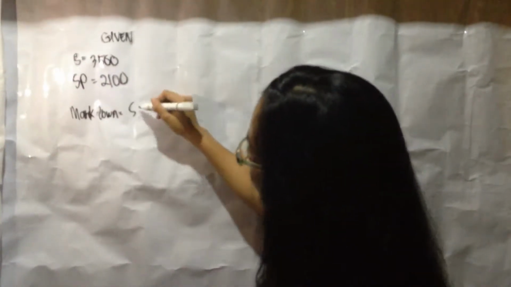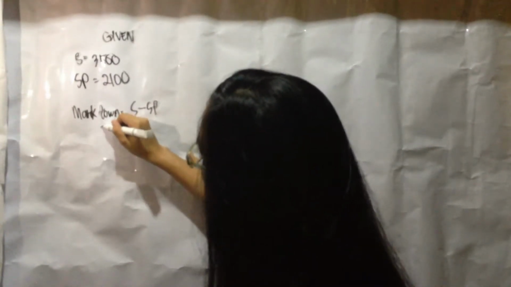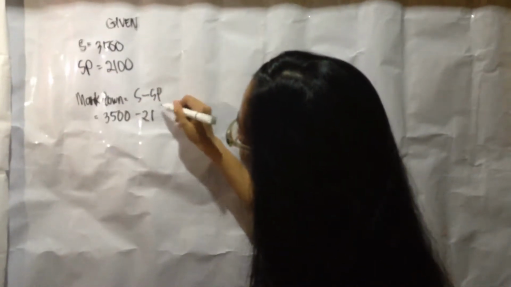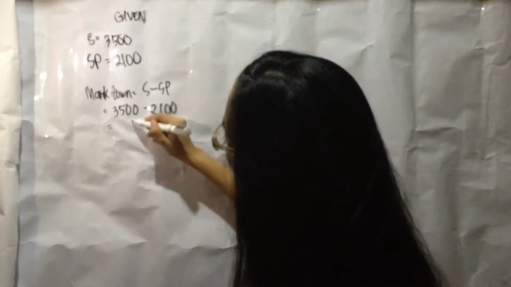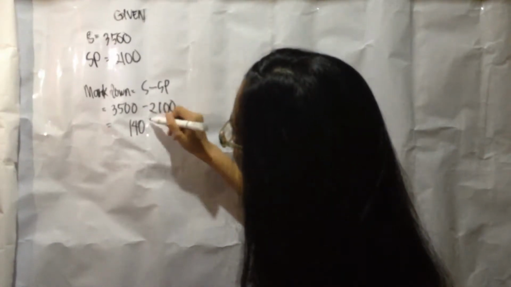This equals S minus SP. So, 3,500 minus 2,100 is 1,400.